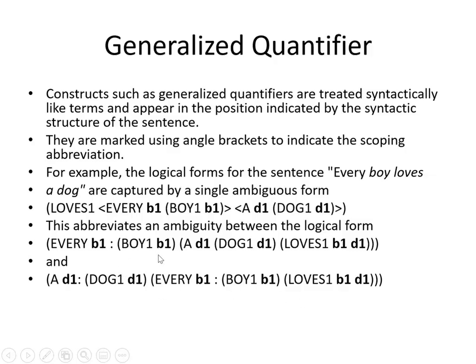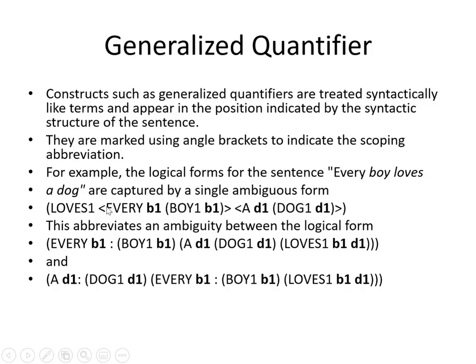So there is only a single dog that every boy loves, or every boy loves one of the dogs, any of the dogs. But there is an ambiguity, and that can be resolved using this scope type of operator, that is the generalized quantifier.